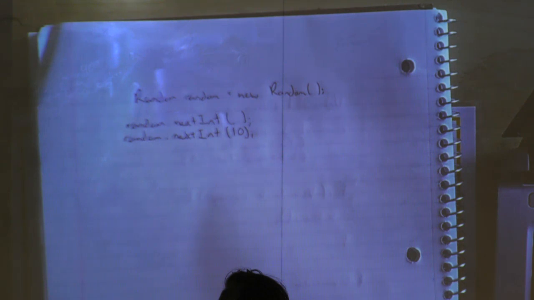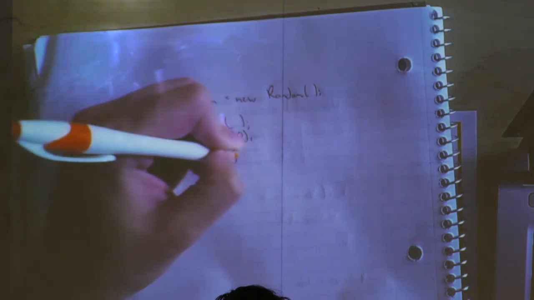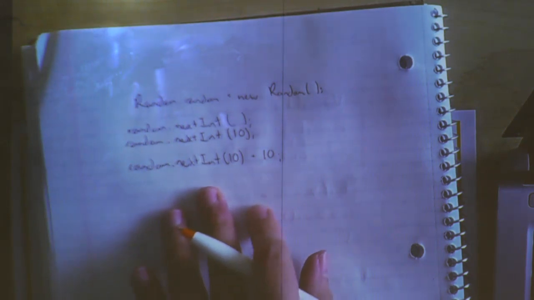So if you wanted to adjust the range of random numbers, say you wanted it to go from 10 to 19, then you would generate some random number on the list of numbers 0 to 9, and then just add 10 to it. Then you're going to get a shifted range of 0 to 9 plus 10, which would be 10 to 19. I think it's pretty simple to figure out how you could generate any range given this example.